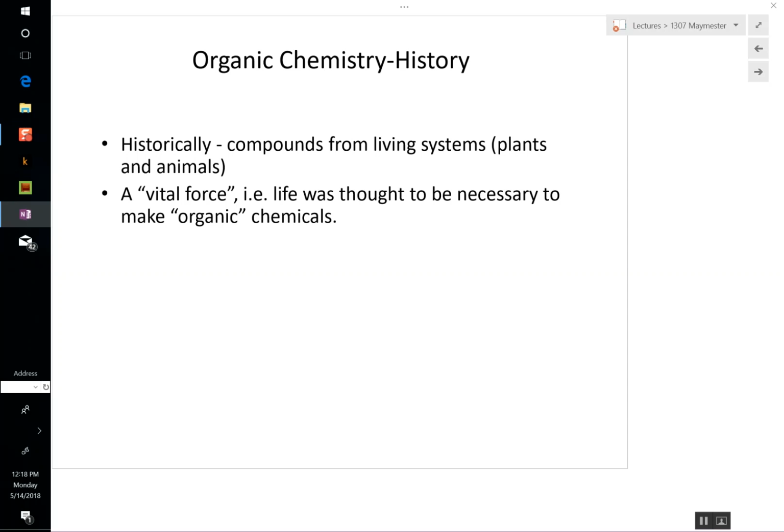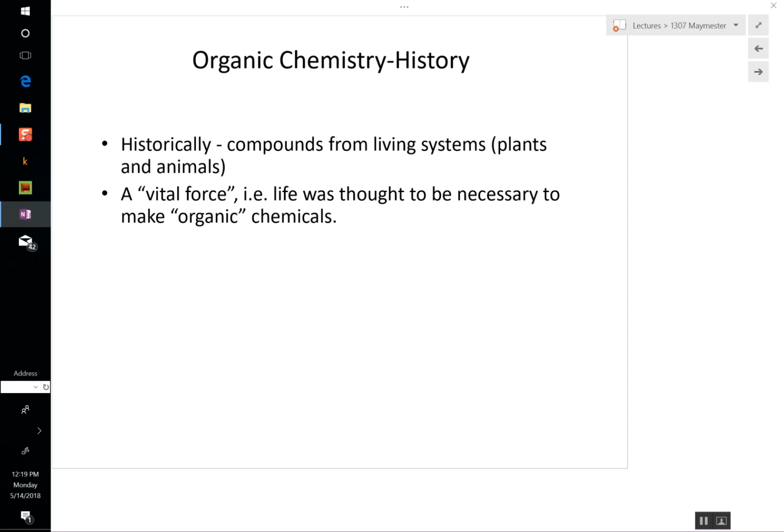But more recently, organic chemistry relates to man-made molecules. They're molecules that man synthesized, men or women, but man-made compounds not coming from nature. Aspirin doesn't come from nature. Ibuprofen, Tylenol, they're carbon-based.